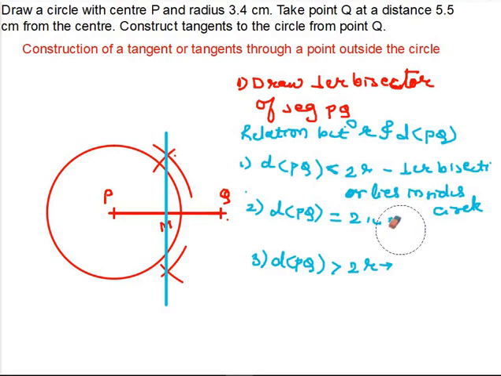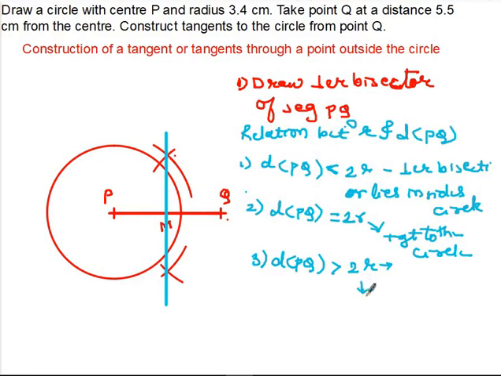And suppose that PQ is equal to 2 times r, then the bisector will be exactly tangent to the circle. But this is not our required tangent, remember this thing.